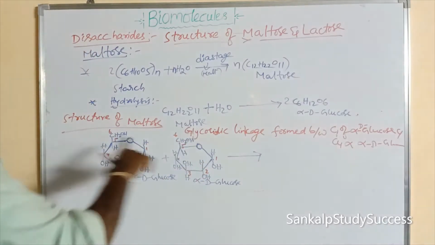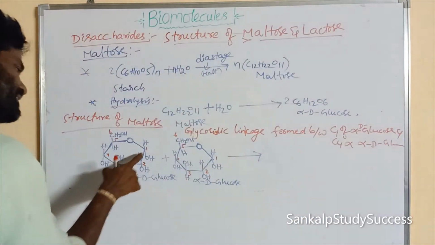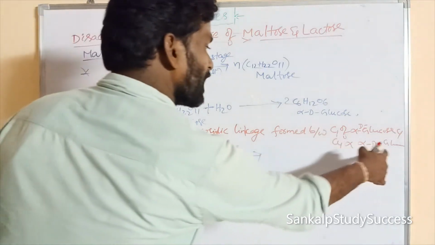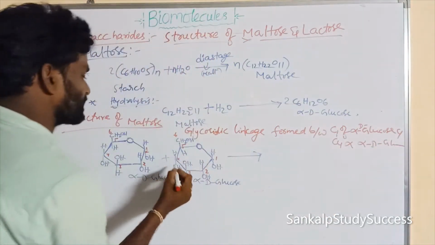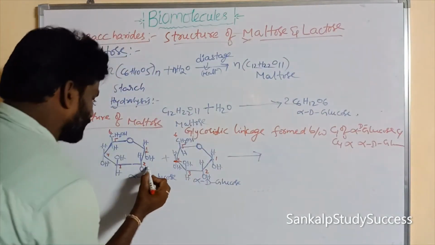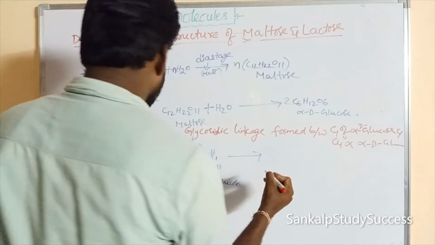The glycosidic linkage is formed between C1 of one alpha D glucose unit and C4 of another alpha D glucose. So by losing a water molecule, H and OH are removed.